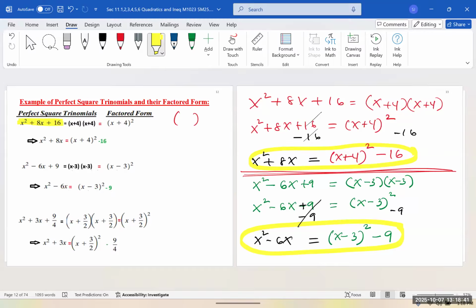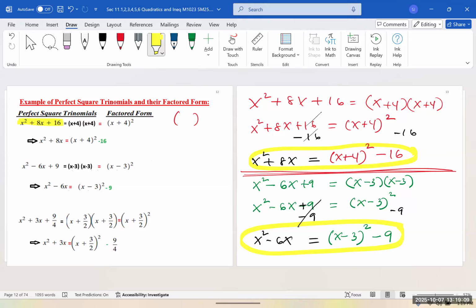How? You write x instead of x squared, and you take half of your middle term. Always, whatever you have, odd number, even number, in front of x, the b, the inside will be half of the b. So half of the b goes inside the square. And you always have to subtract that square.